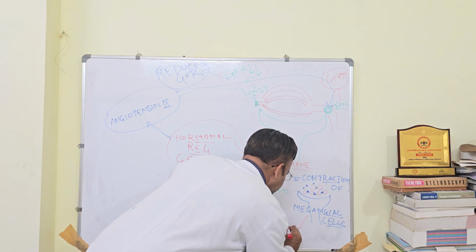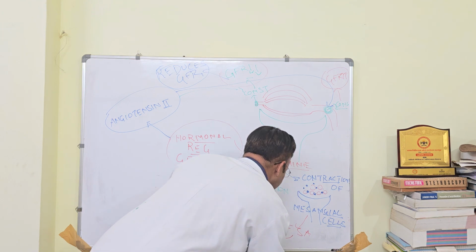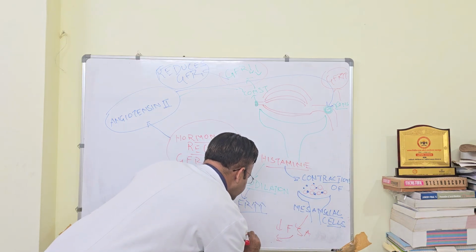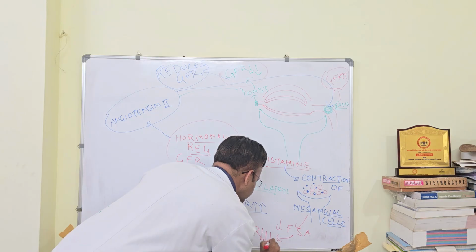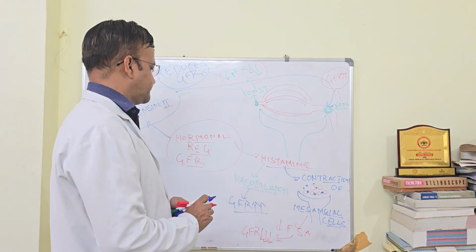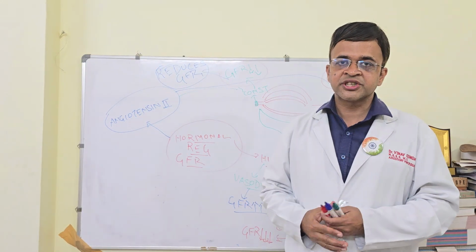I'll write it as FSA, filtration surface area, and this will lead to reduction of GFR. So histamine has two kinds of action.